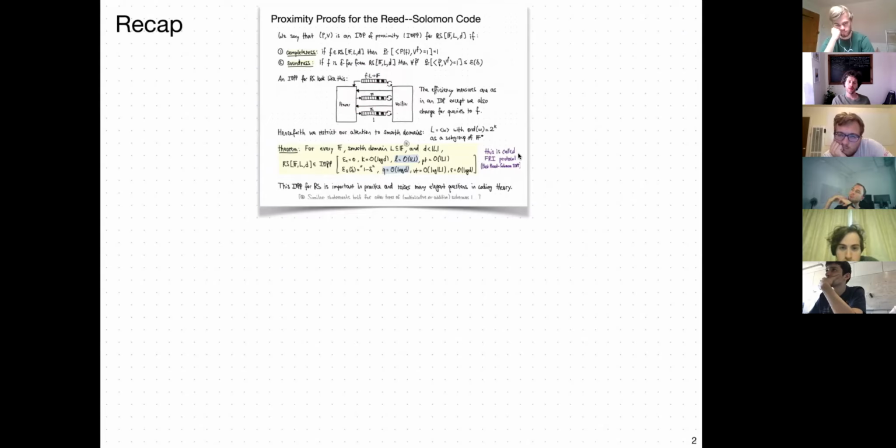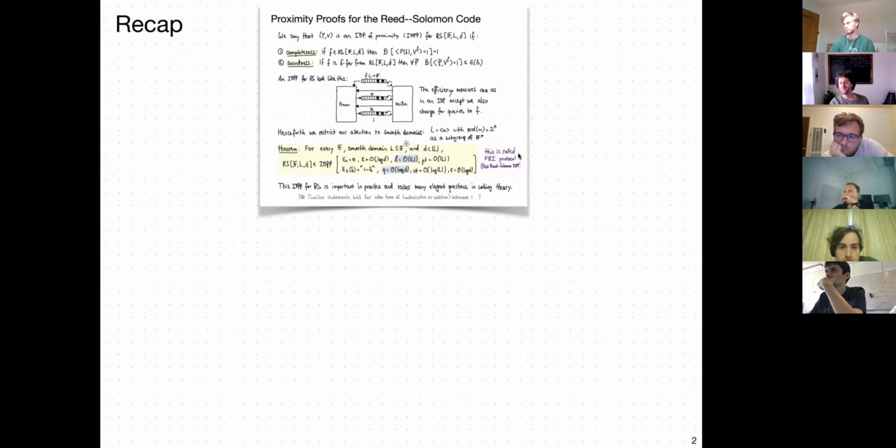And what I'm trying to do now is to tie this abstract model to the actual protocol that we saw yesterday and make sure that we exactly see what happens. But at least the notion of this model of IOPs, you should think about having a function that you can query, and then you have a prover which sends you some more functions that you can query. That's the idea.